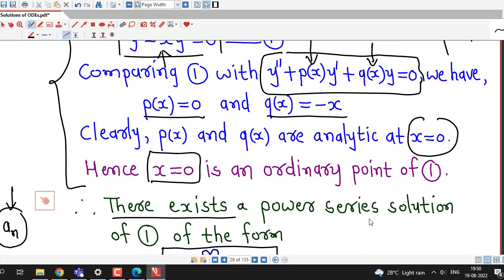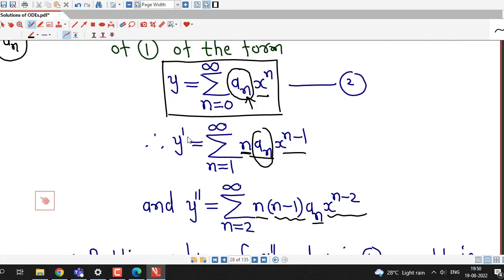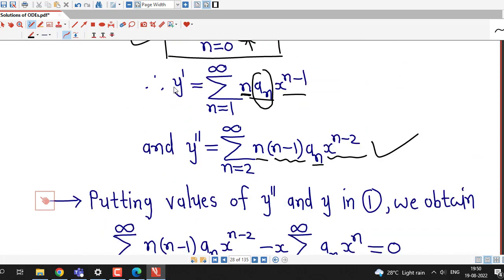Now y is solution of this equation, therefore y must satisfy this equation. That means we can substitute values of y double dash and y in this form. We will put y double dash and y in given equation.